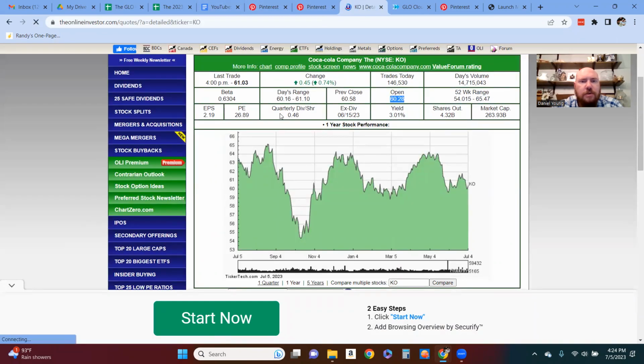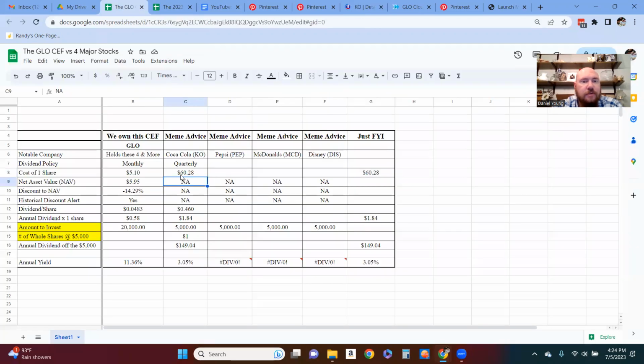It pays quarterly, pays that dividend, and that's what it works out to. If you take that dividend and multiply it by 4, because it pays quarterly, that's what it'll pay you a year.